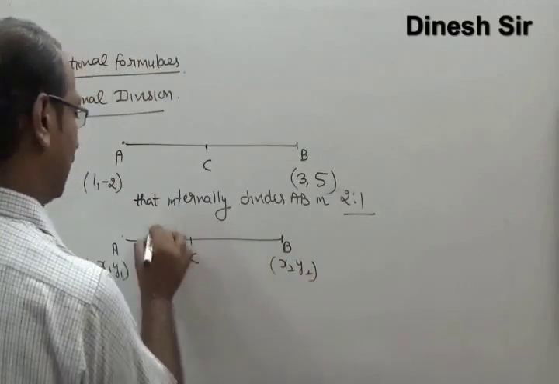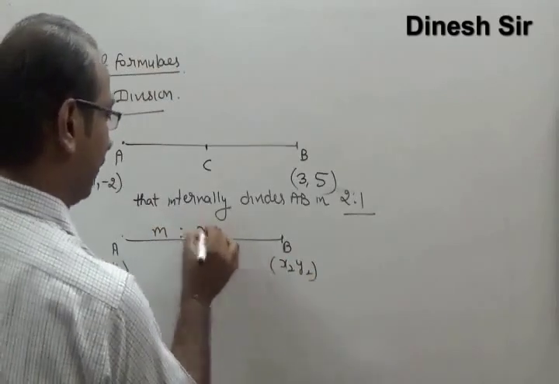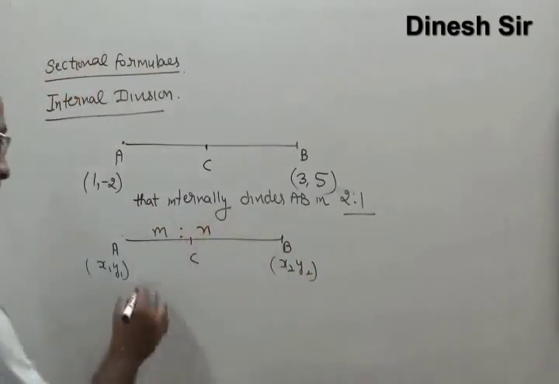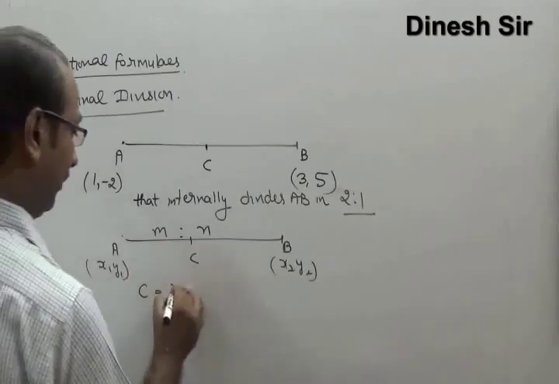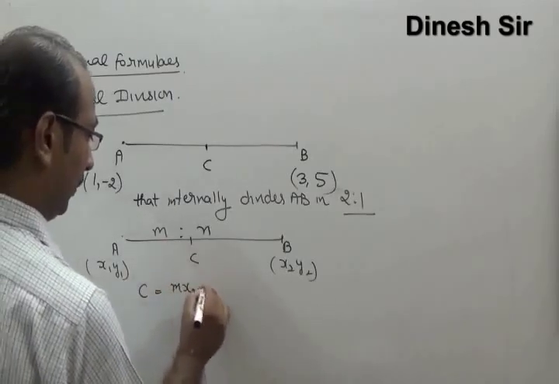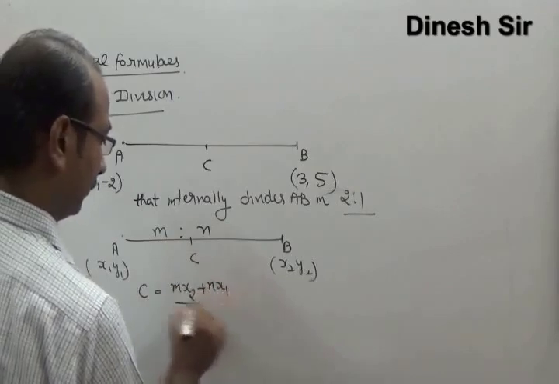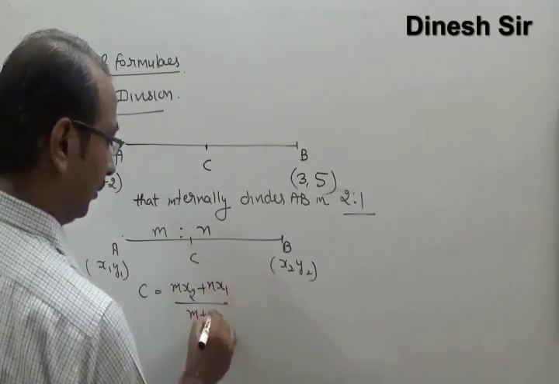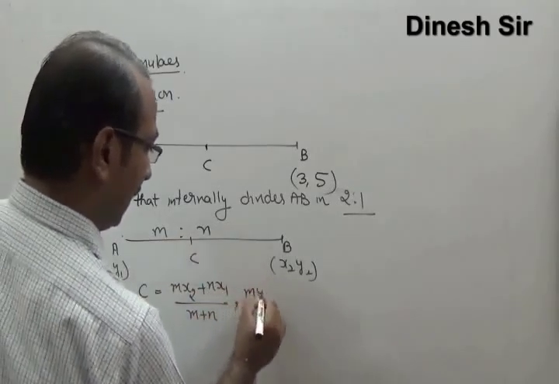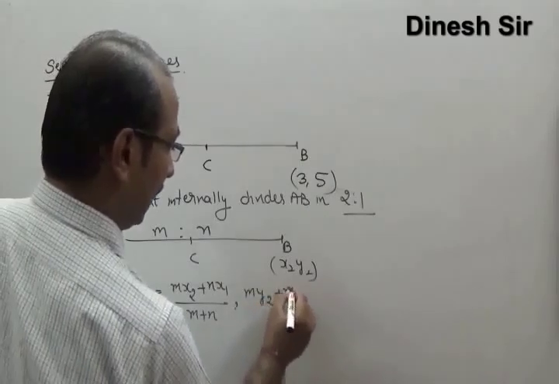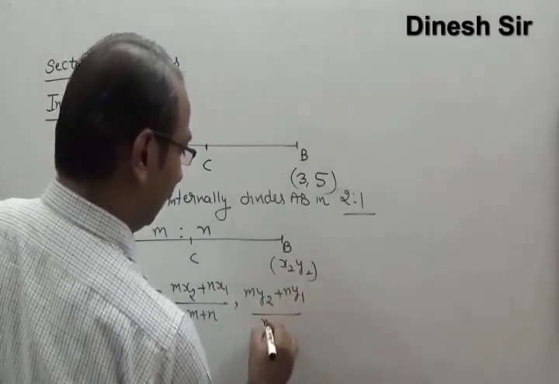And we have to find the point C which divides in the ratio m:n. So we can say C would be (mx2 plus nx1) upon (m plus n), and (my2 plus ny1) upon (m plus n).